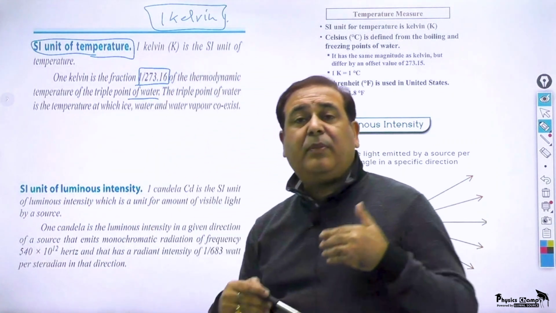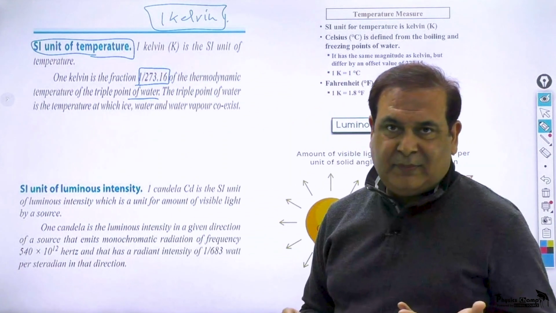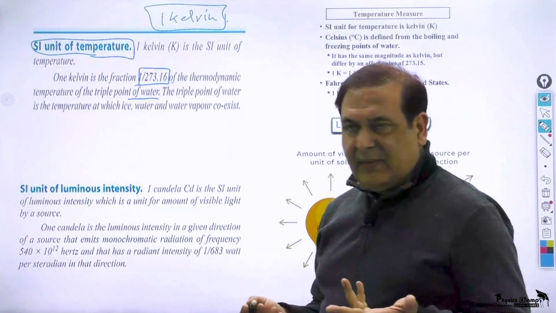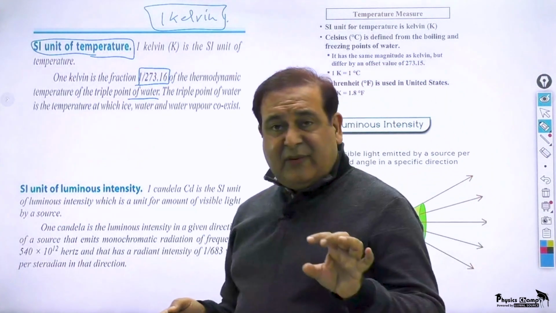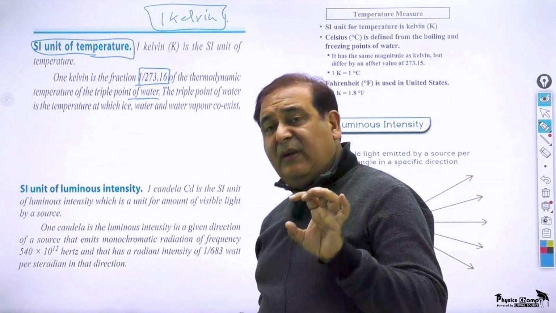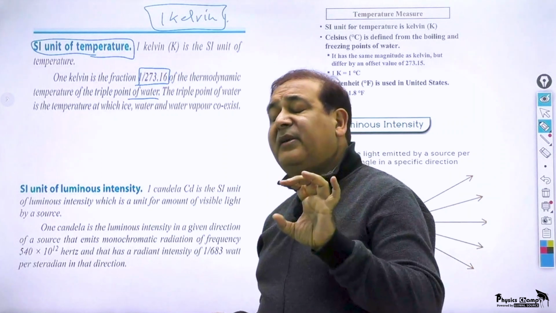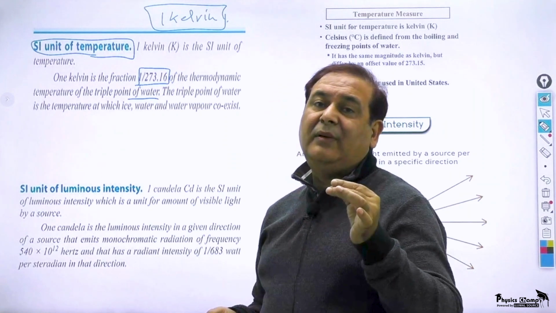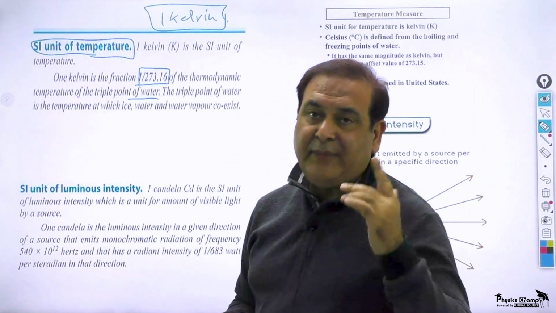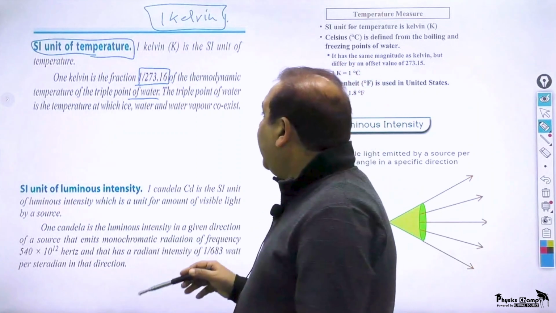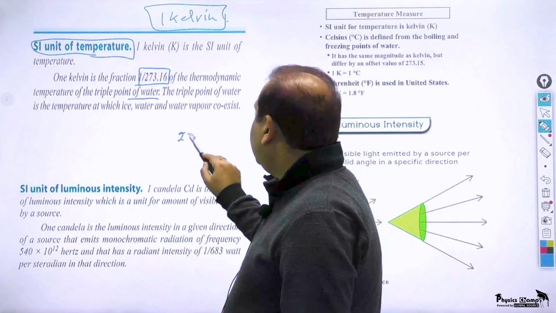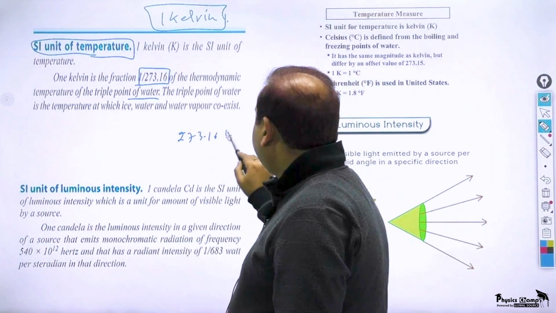Now what is the triple point of water? There is a state at which the water coexists in the form of ice, steam and liquid. And it happens at 273.16 Kelvin.